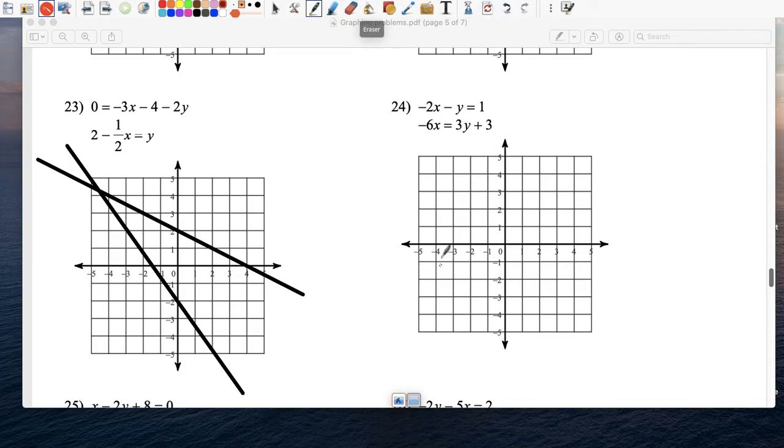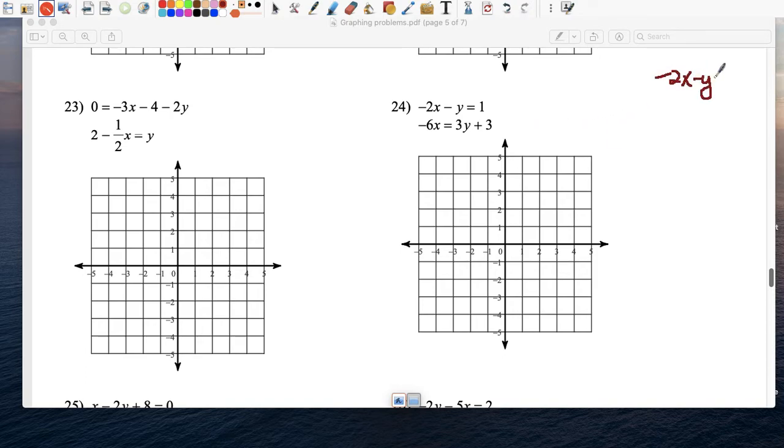24. This is the first equation here. Negative 2x minus y equals 1.